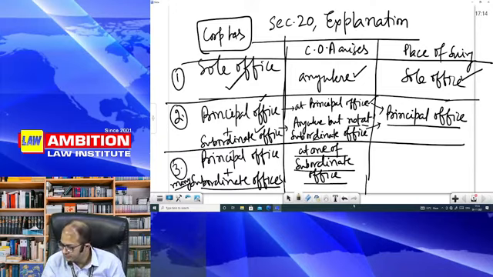A, B, C, D are the four courts which have jurisdiction. The answer is no. It is not allowed.